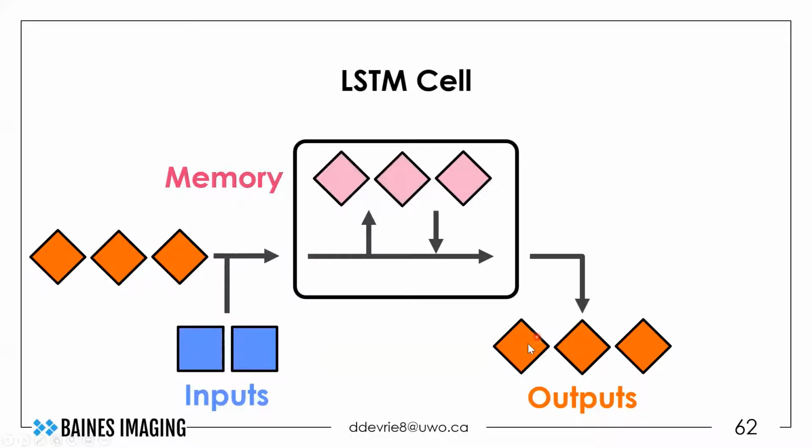So it's not shown explicitly here, but we're just taking these output diamonds, bringing them in as input diamonds. So then what we can imagine is taking these 5 scalar values as input. So these 2 explicit input values from our time series, as well as the output from the last time step, those are fed in. And we could have those adjust the memory, and all of that could be fed together to get our output for our next time step.